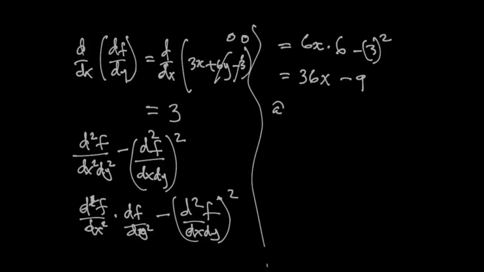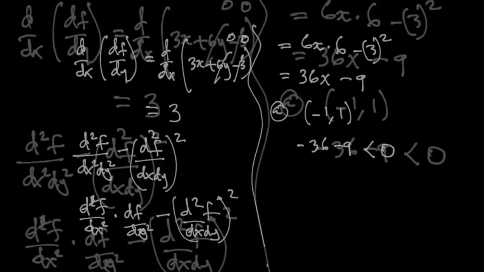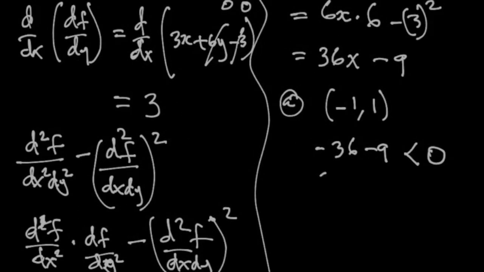For the first point, (-1, 1), plug it in: -36 minus 9 is less than 0. This point is a saddle point. This is where the function changes from minimum to maximum or vice versa.